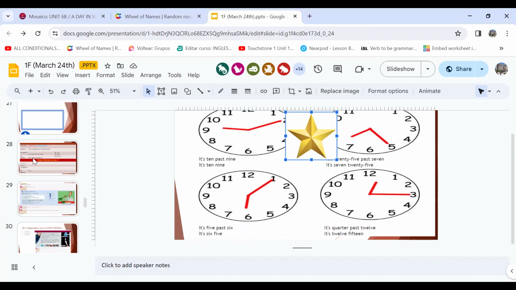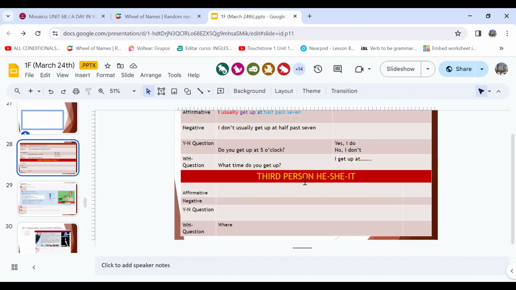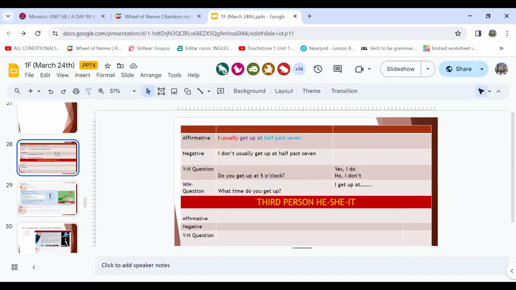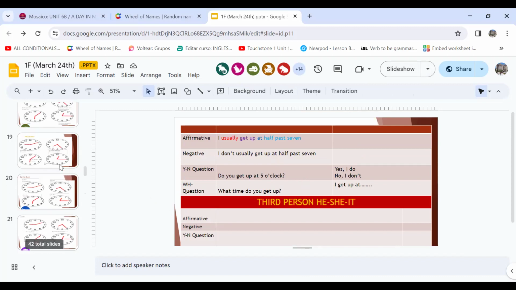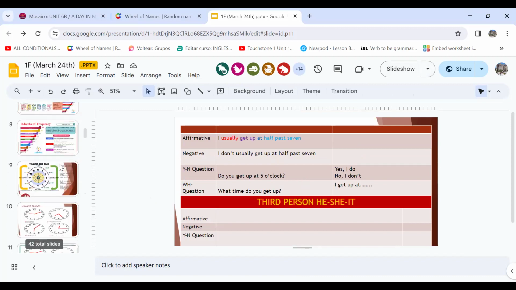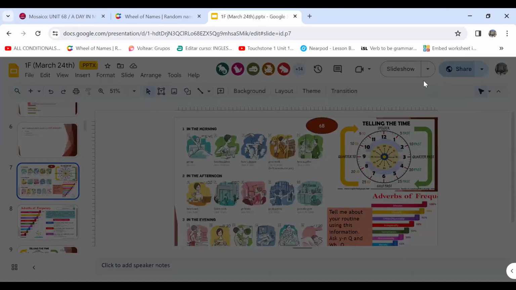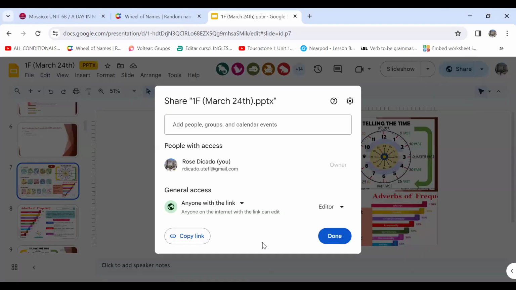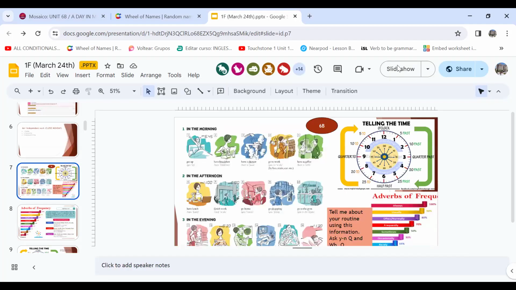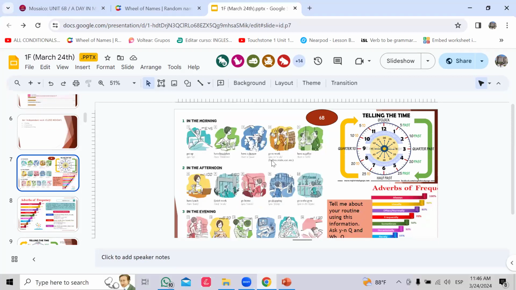Perdonen, perdonen. Okay, so here, now, I want to create sentences using the vocabulary that we studied. Okay, we are going to use all this information.